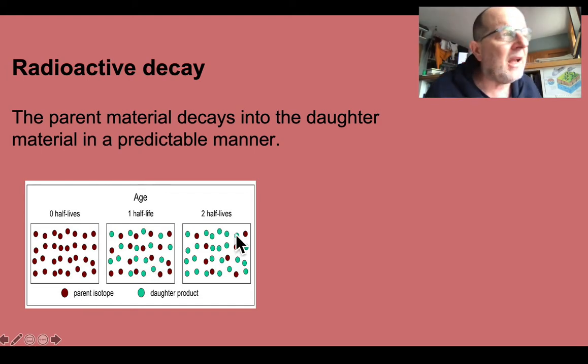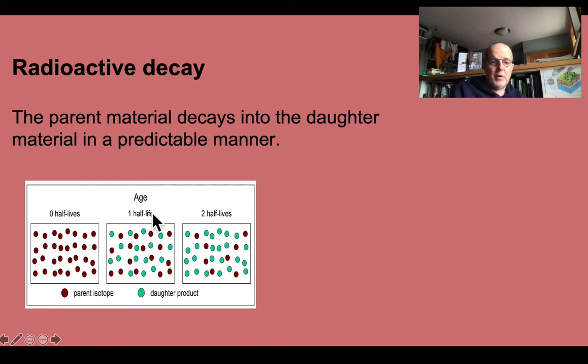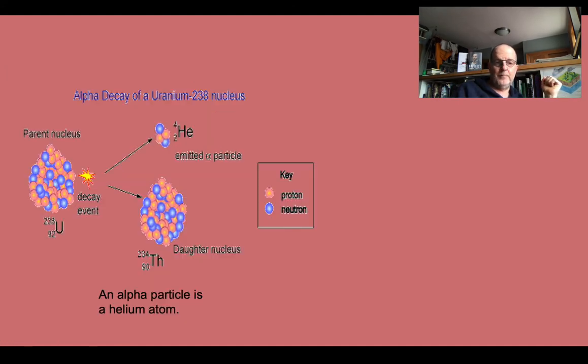And what scientists have discovered is that you can put a time on how long a single half-life of a particular radioactive element takes. So this is called the alpha decay of uranium-238 nucleus. It's hard to really see, but what happens is U-238 is the common form of uranium. It's radioactive. It decays.